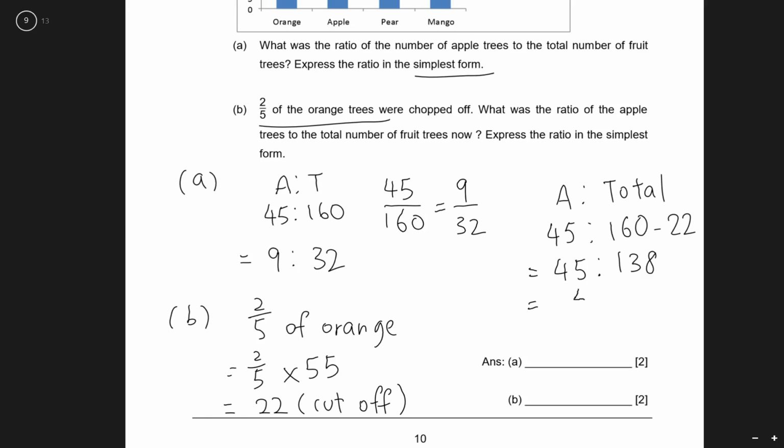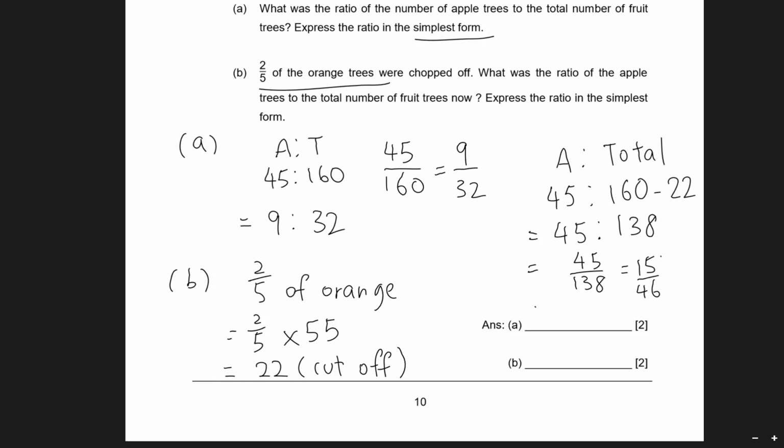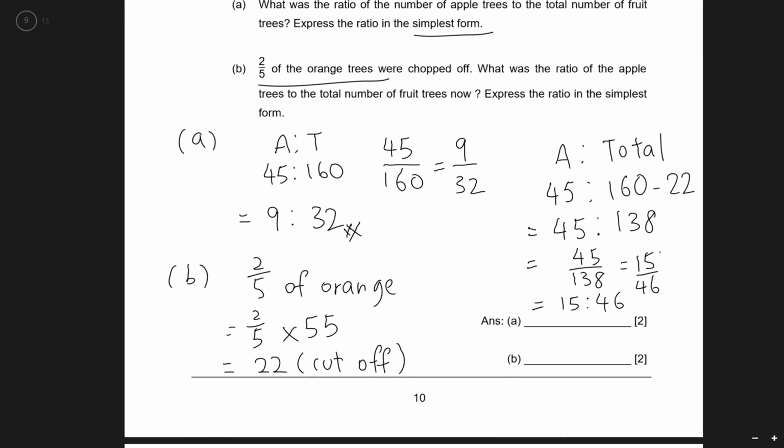Similarly, you can always press this in the calculator. You will get 15 over 46. Again, remember, this is in fraction. You will want to change it back to ratio. Simplified ratio. Okay, so part A of the answer, part B of the answer.